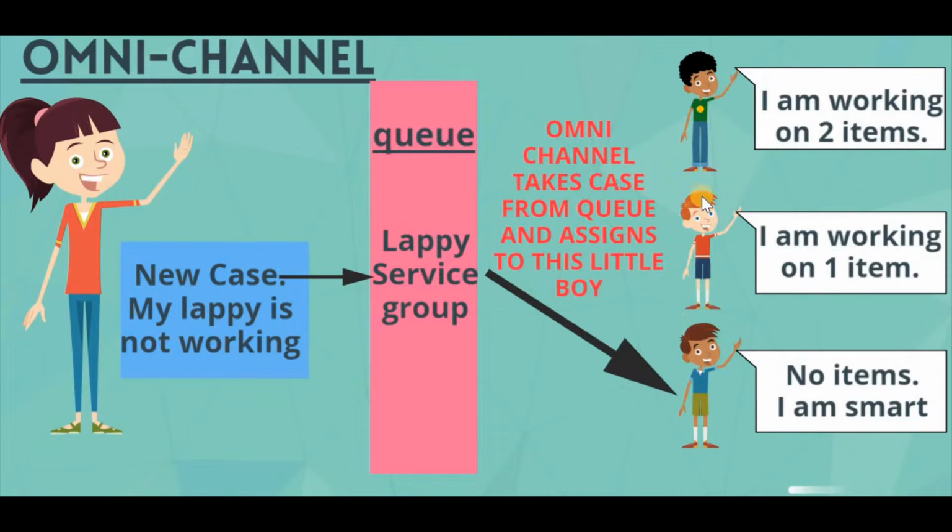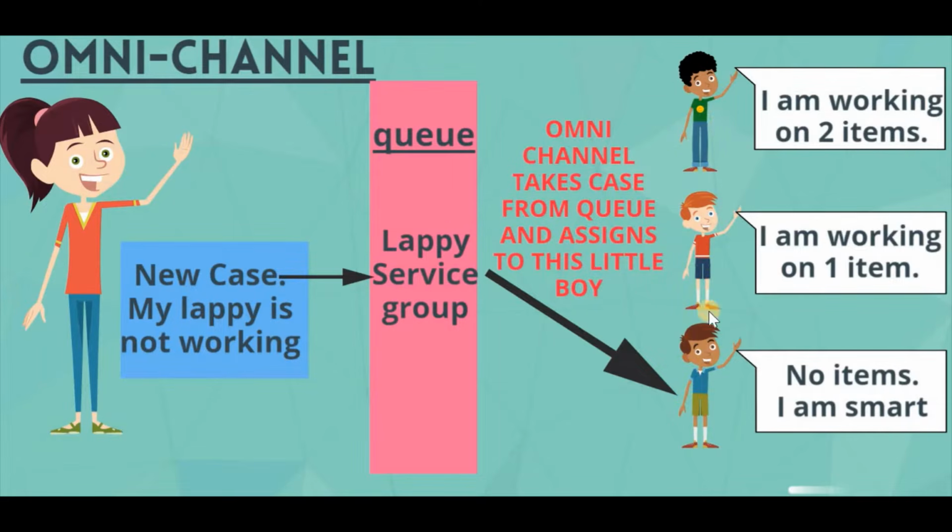Even though they look like kids, for now imagine them as agents, small little agents. Out of these three agents, one of them has to pick this case. One is working on two items, the second is working on one item, and the third one, really smart, has no items. Omni-channel comes into the picture only once a case is assigned to a queue, because Omni-channel takes the case from the queue and assigns it to this little boy.